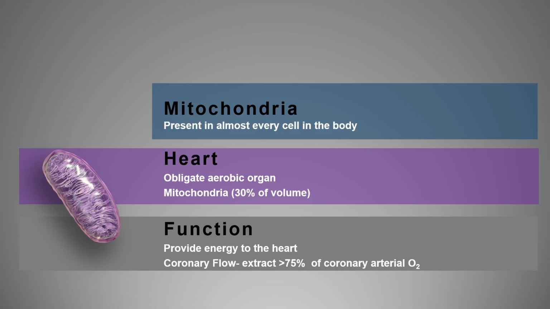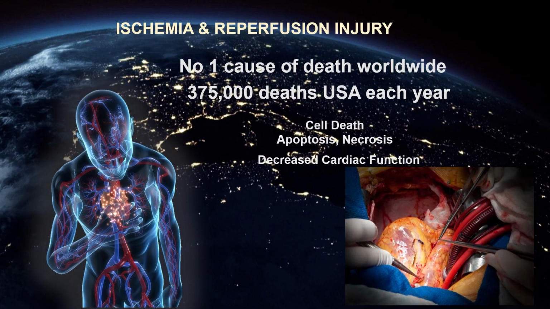There's only two reasons we need oxygen: to start a fire and to allow us to present electron donors through that electron transport chain to produce energy. If you stop that oxygen coming in, or if you end up with a depletion where the energy production is stopped, you end up with what we call ischemia reperfusion injury.